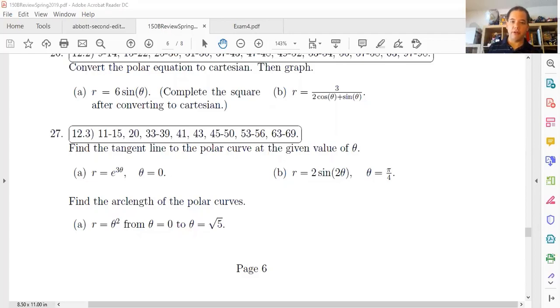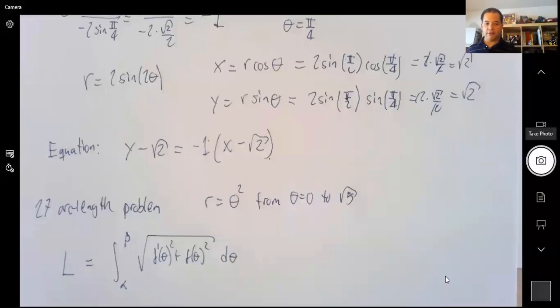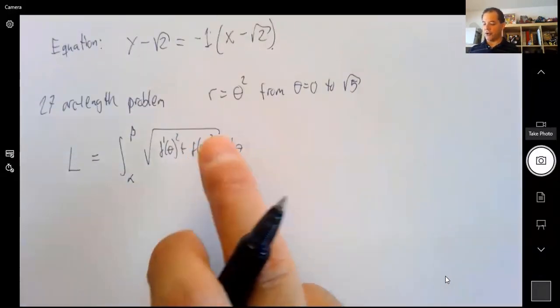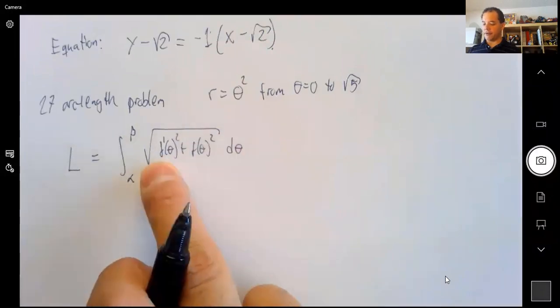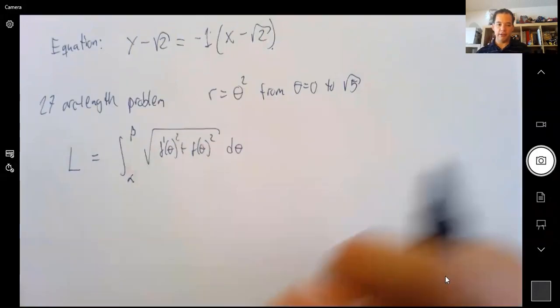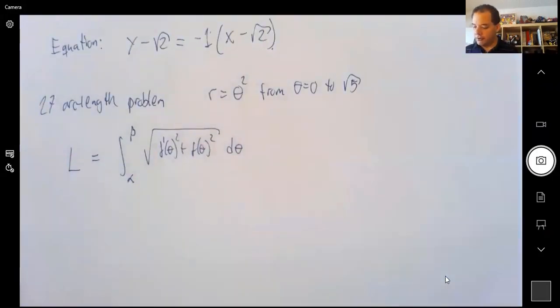So let me go back to the page and show you the formula that I wrote already. So here is the formula. It's the function squared plus the derivative of the function squared, d theta, big square root of that from alpha to beta.